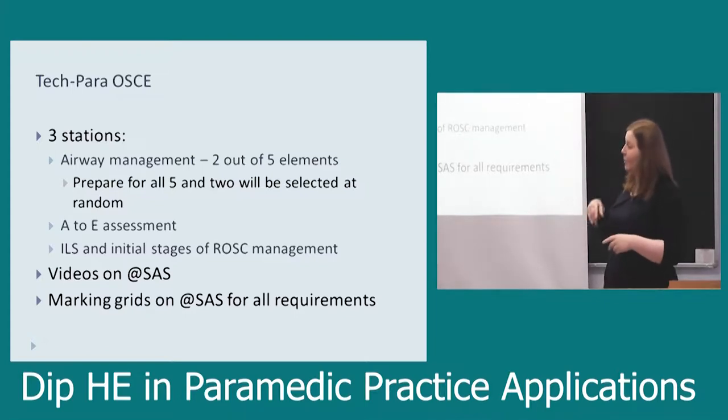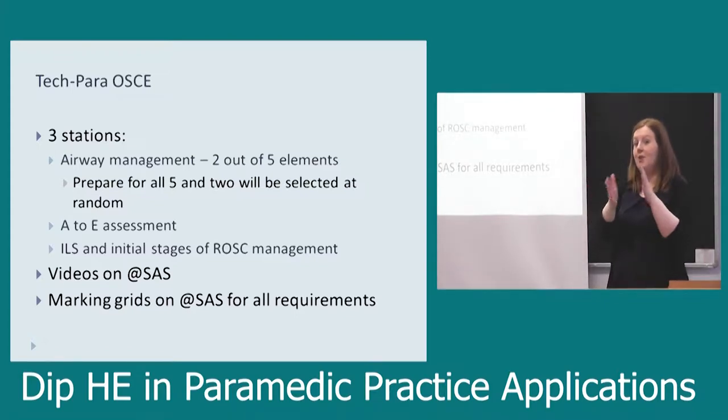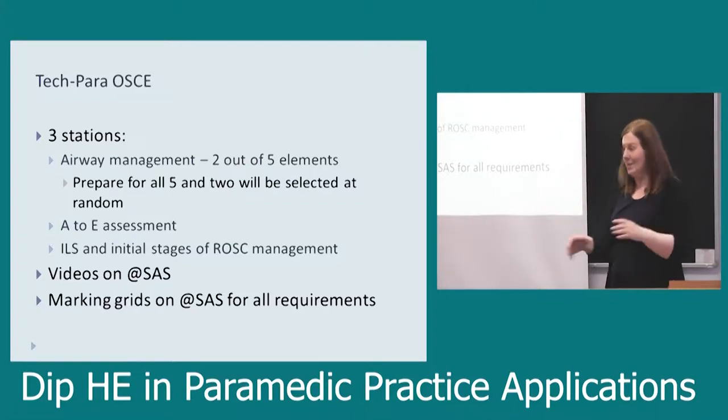The next station would be an A/E assessment, where we were looking for your detailed and thorough A/E assessment. And then the third station, depending on what order you get taken in, is ILS, and then the initial stages of ROSC management. So once that patient gets a ROSC, what are you going to start assessing? What order are you going to do these types of things in?